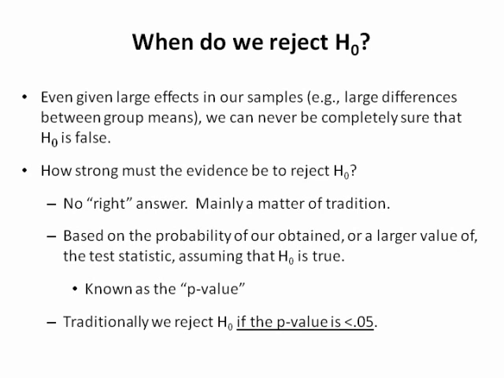Okay. Let's talk more about that last part from the previous slide. When do we actually reject the null hypothesis? Okay, so here's some information about that. Even given large effects in our samples, and when I say that, what I mean here is large differences between our group means, we can never be completely sure that our null hypothesis is false.